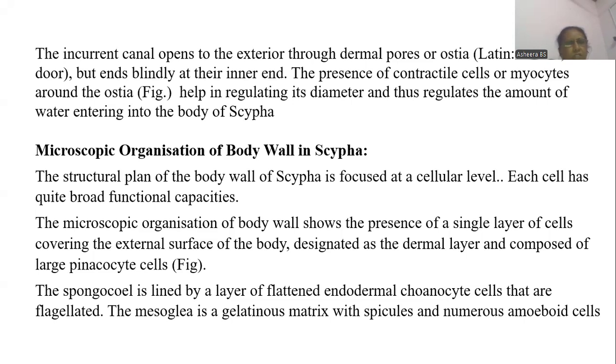The radial canal is lined by the conocytic cells, and the incurrent canal is lined by the pinacocytic layer. In between the pinacocytic layer and the conocytic layer, there is a gelatinous matrix, composed of spicules and amoebocytes.